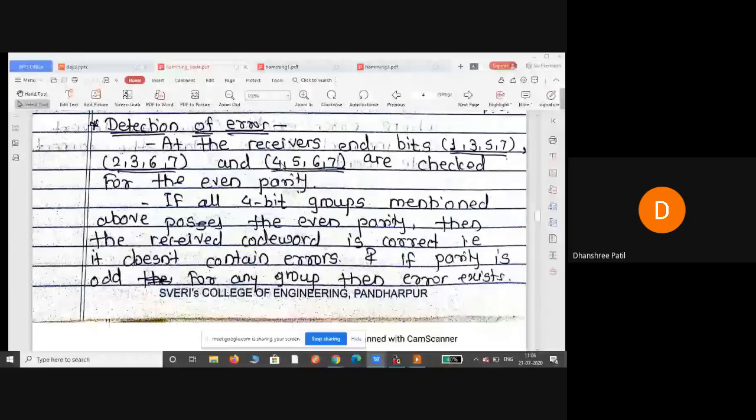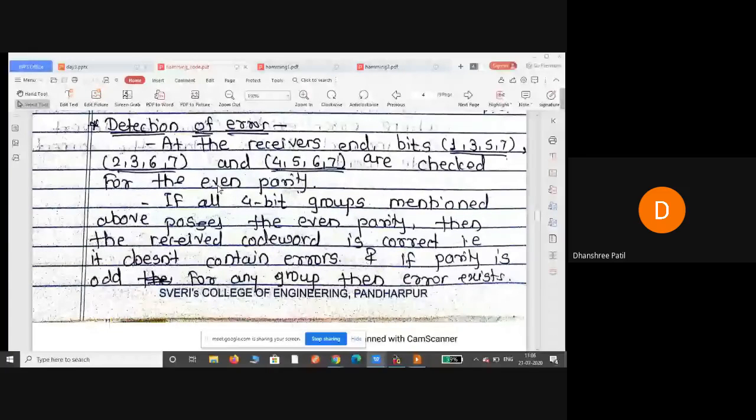These 3 groups we have to check for even parity. Even parity means we check the number of ones. If all these 3 groups contain even values, it means that there is no error. And if any group contains odd parity, it means that there is an error.